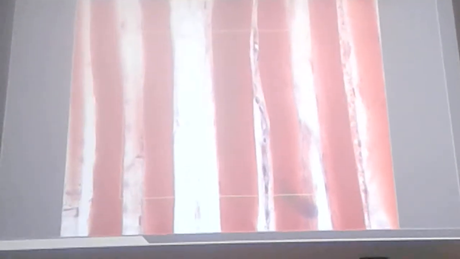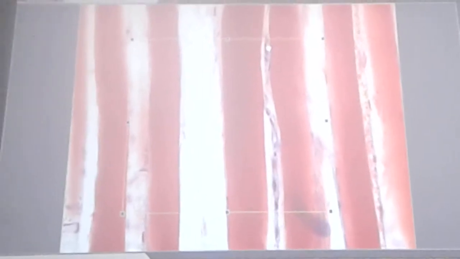As you can see here, these striated muscle fibers have multiple nuclei, and the nuclei are located in the periphery of the fiber. I'm just pointing out the nuclei of the striated muscle fiber.